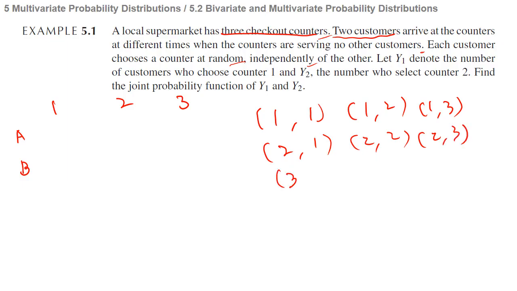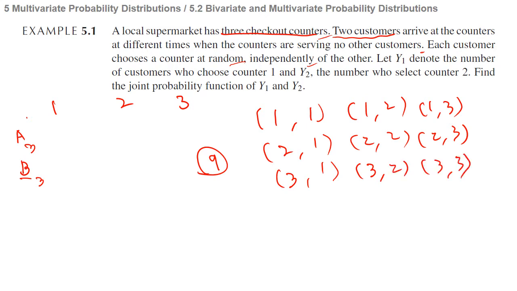For A, we can choose 3, and for B, we can choose 3, which is 3 times 3, which is 9. Okay, so we have 9 possibilities. We can list all of them.